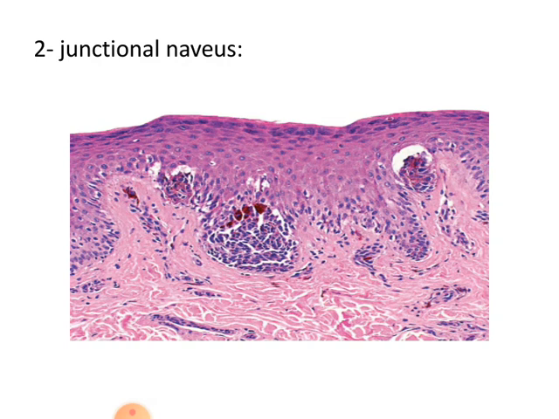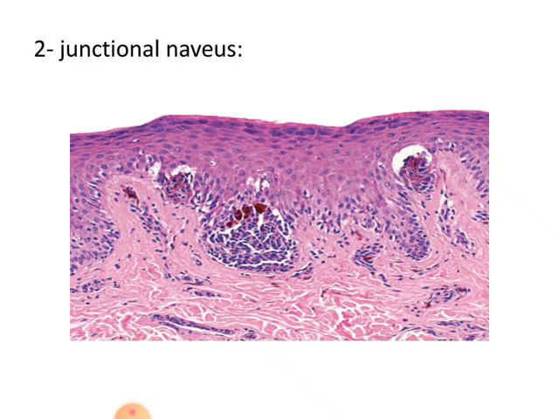It occurs at any part of the body, especially the genitalia, palm, sole, and mucous membranes. It is hairless, which is different from the simple nevus, and it may turn malignant.